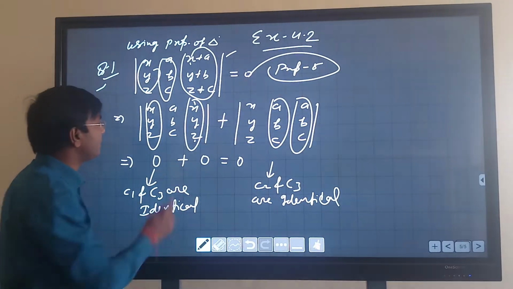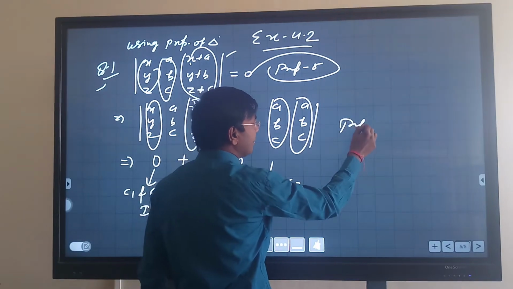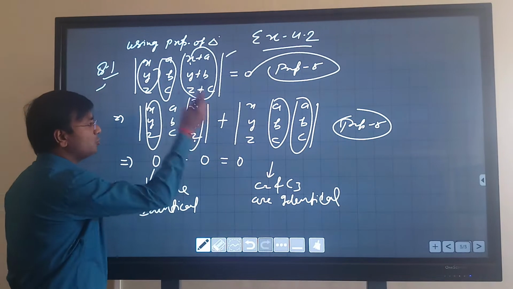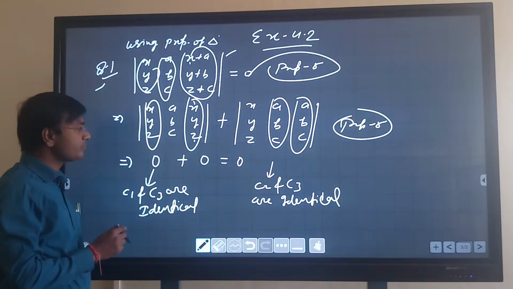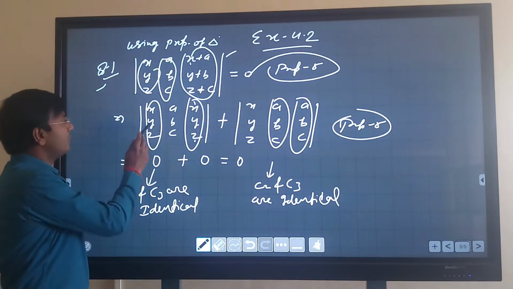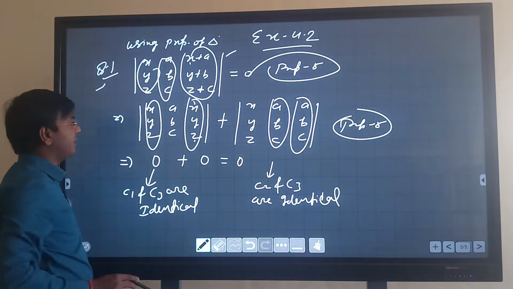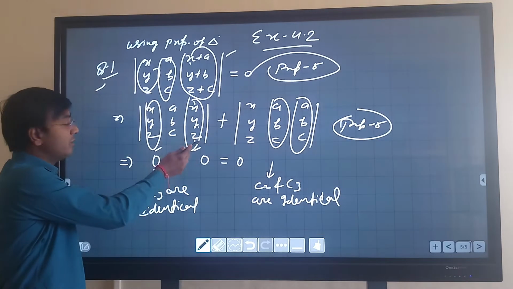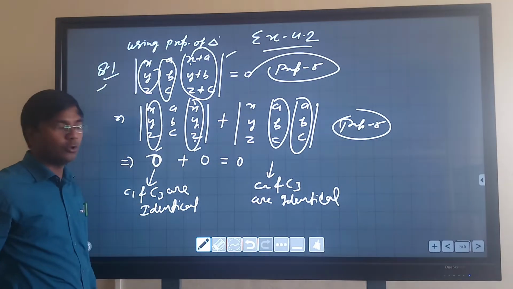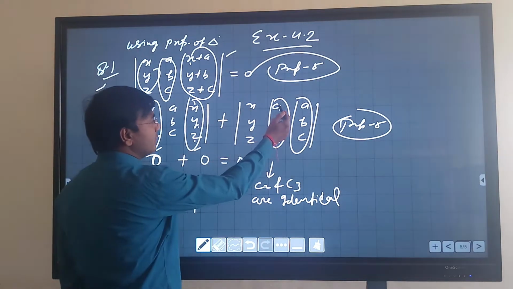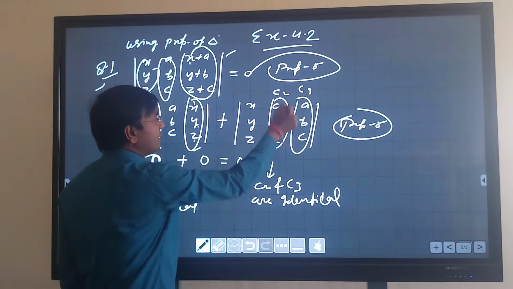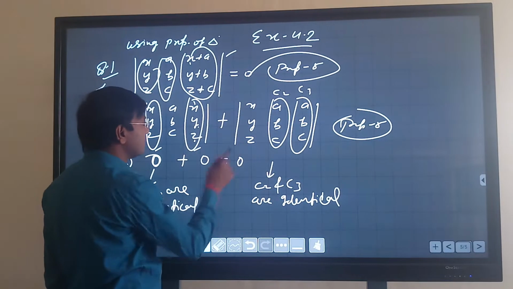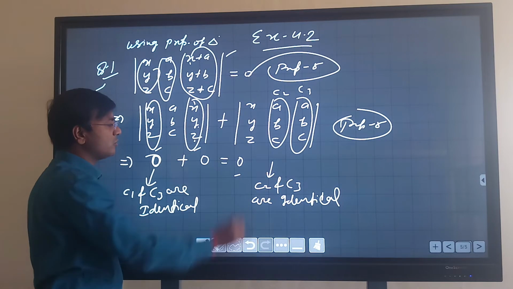So we have used property number 5 and expanded the determinant in two determinants. Now again there is also the property, if any two rows or columns are identical, identical means the same elements are there in C1 and C3, so the value of determinant gets 0. Same as here, this column C2 and C3 both are identical, so the value of determinant becomes 0. So 0 plus 0 equals 0.